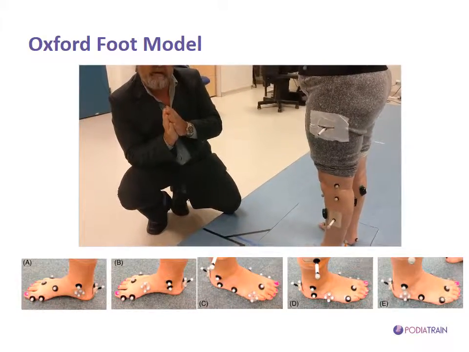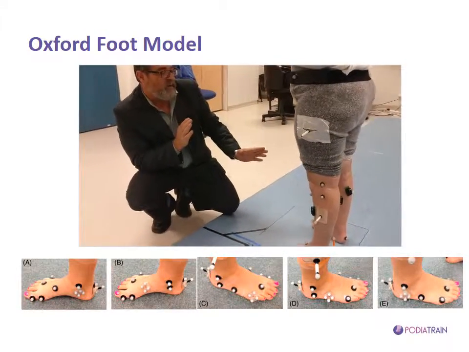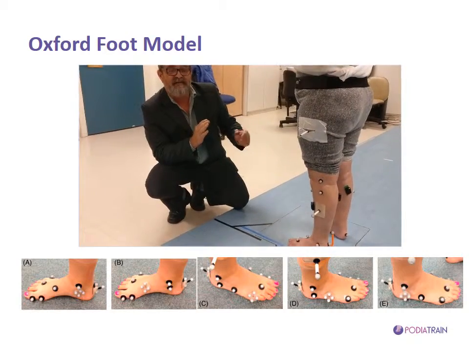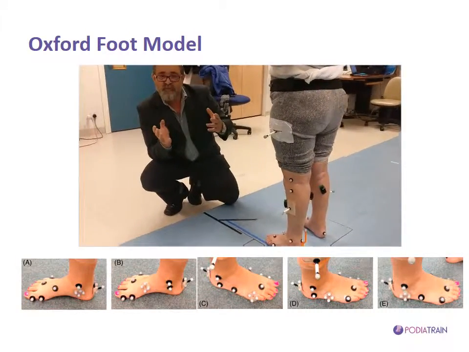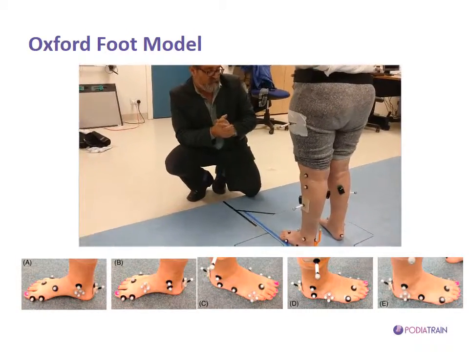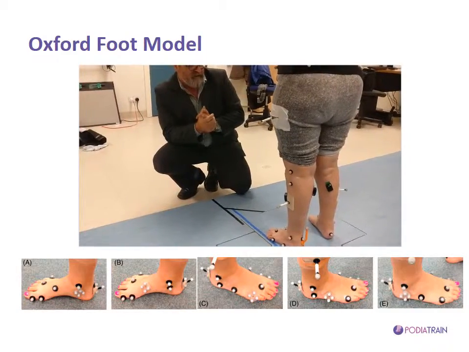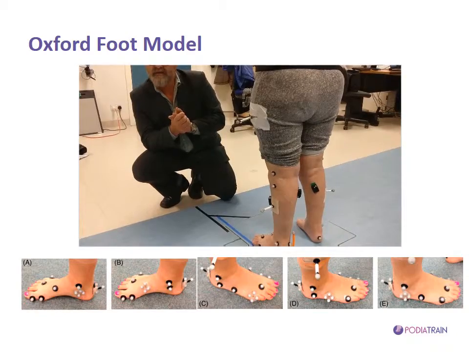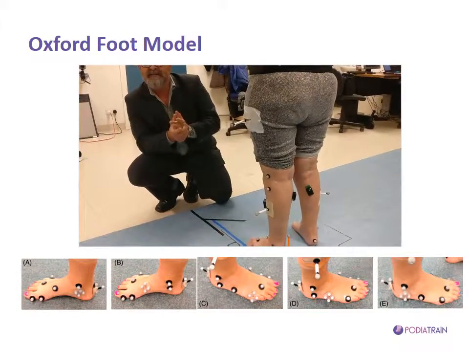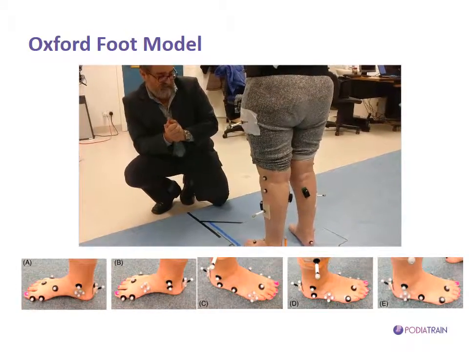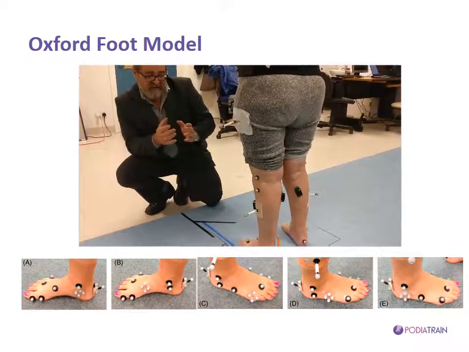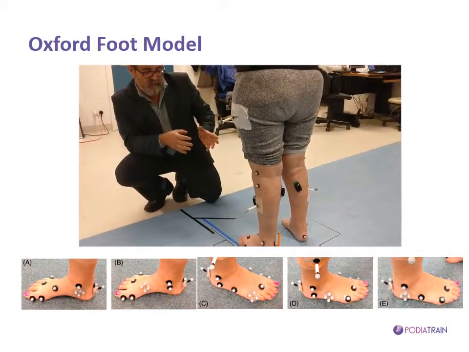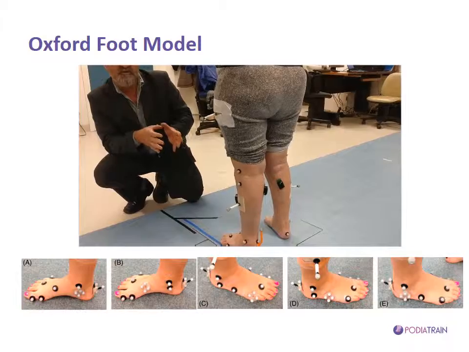Whereas with the plug-in gait model, we can only measure dorsiflexion of the whole foot. And as we know, movement in the sagittal plane of the foot does not only occur at the ankle joint, but can also occur at the mid-tarsal joint. And so basically the plug-in gait model should not really be used when we want to focus specifically on the foot.